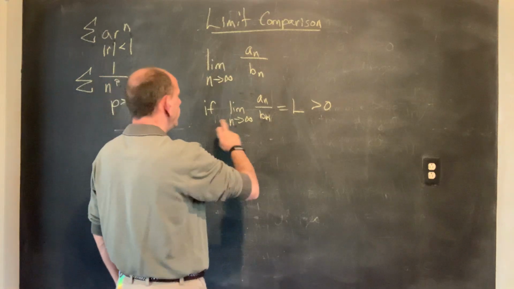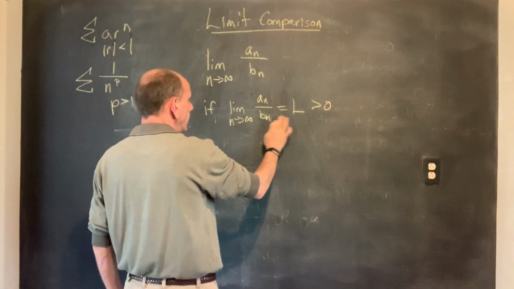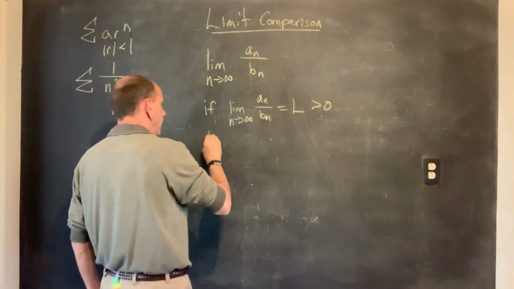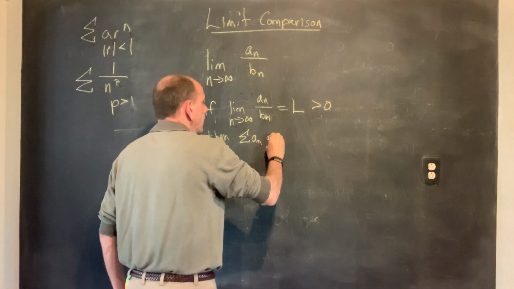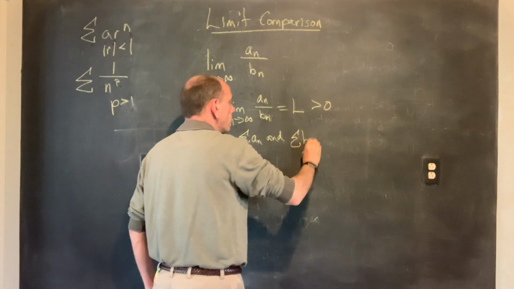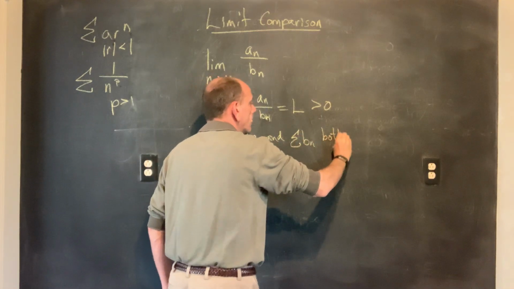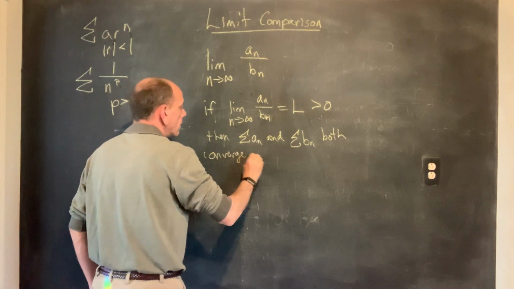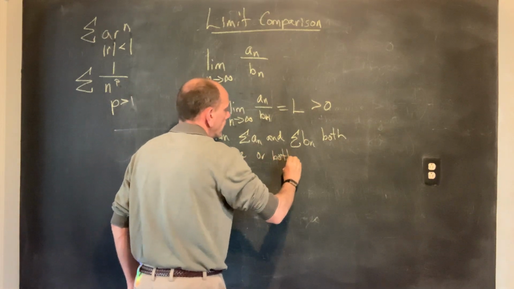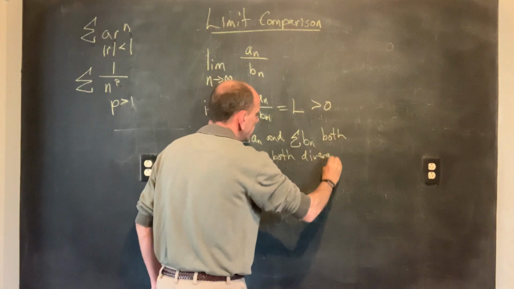So if that limit is some finite number, then the series A sub n and the series B sub n both converge or both diverge. They have the same behavior.